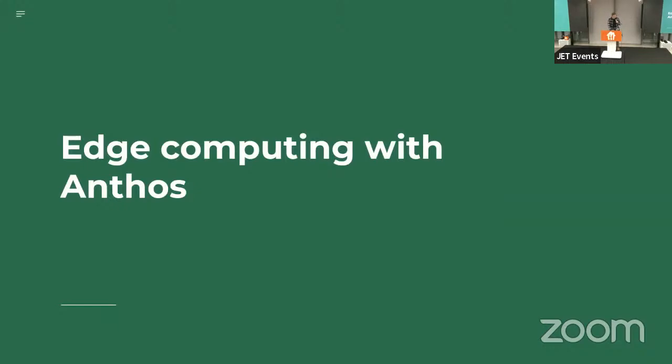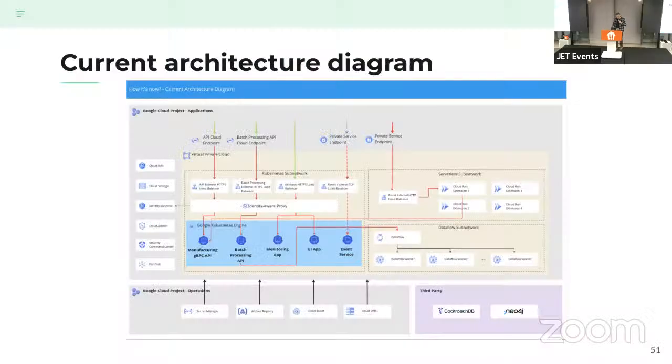Last but not least, let's briefly discuss the digital twin at the edge. For the sake of recollection, this is how the digital twin looks right now, and this is the cloud environment. This digital twin lives in the cloud.